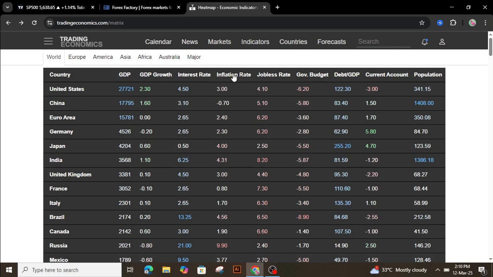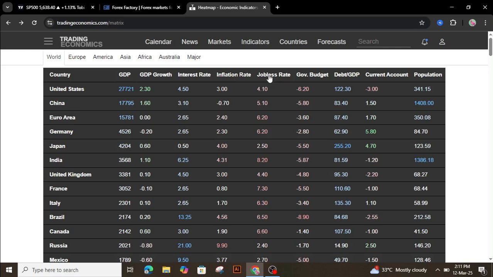Then inflation rate. Inflation rate also affects the value of a currency. If there is high inflation in a country, you can be rest assured that the value of that currency will drop. What certain amounts could buy before will be reduced, and that also sends signals to investors. Investors may want to take their money away from such a market when there is inflation, so that affects the currency of that country.